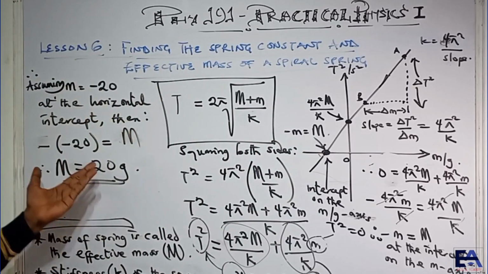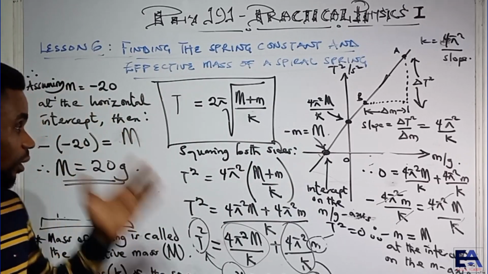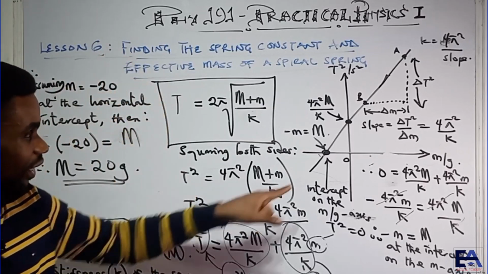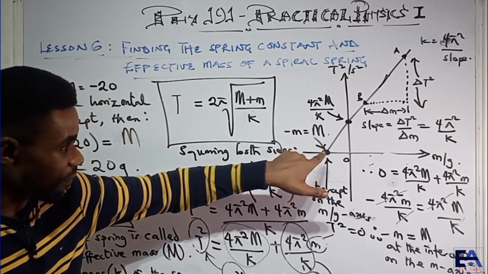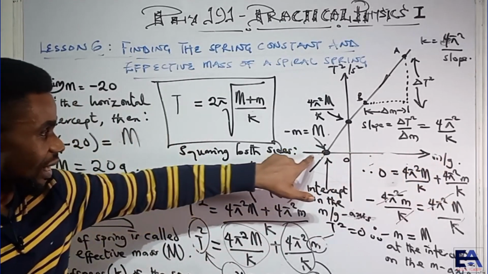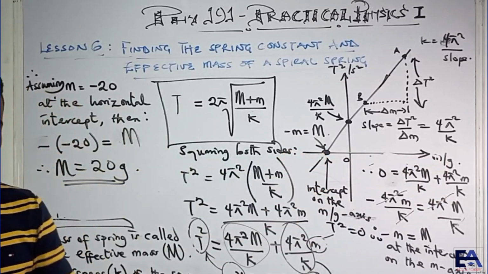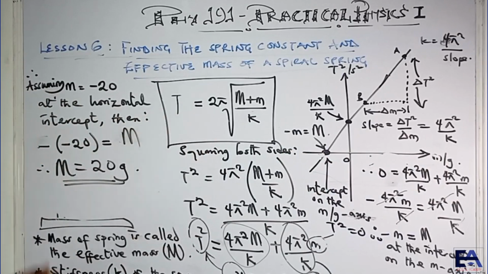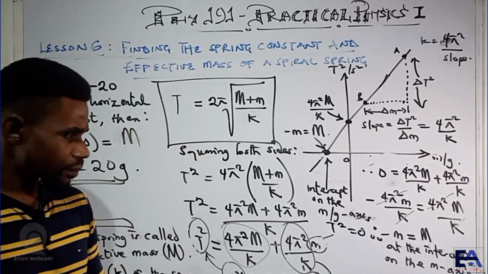The effective mass of the spring is equivalent to the value of m at this horizontal intercept. That is what we are able to derive mathematically.